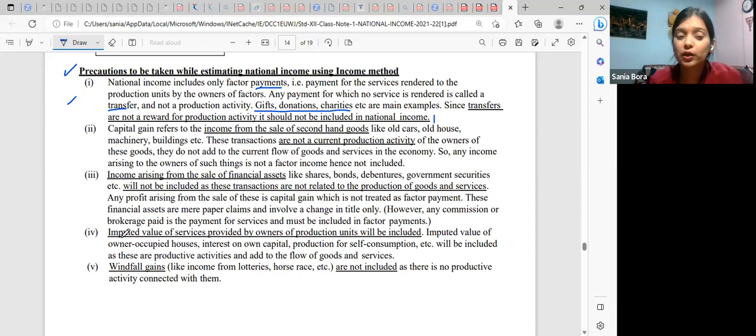Then over here, imputed value. Now, ma'am, what is this imputed value? Anyone who knows what imputed value is? No? You can say no as well. Okay, Vanisha? Vanisha, can you hear me?